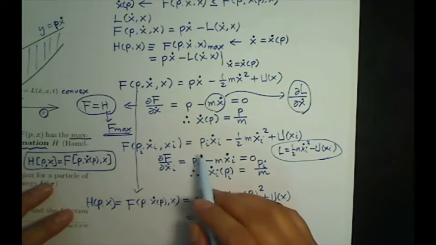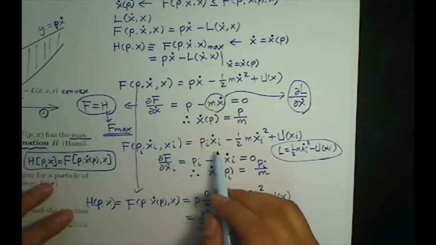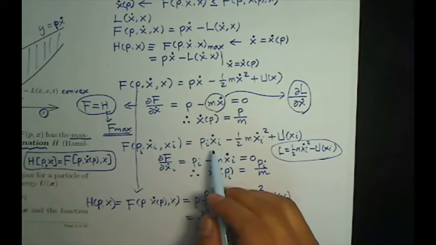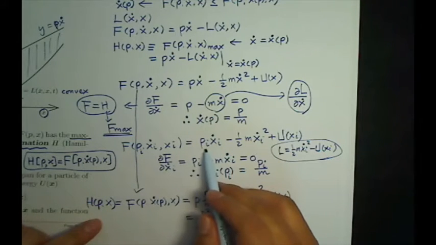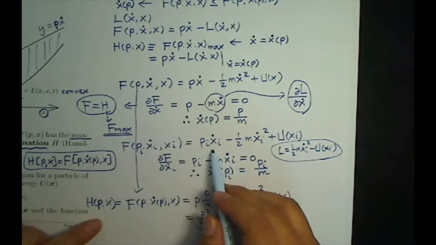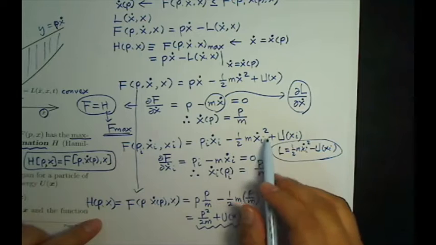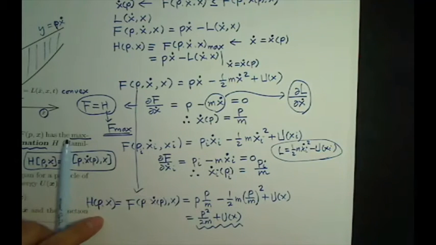The f function becomes a sum over all three indices, p1 x1 dot, p2 x2 dot, and p3 x3 dot, and then we have minus kinetic energy plus potential energy.